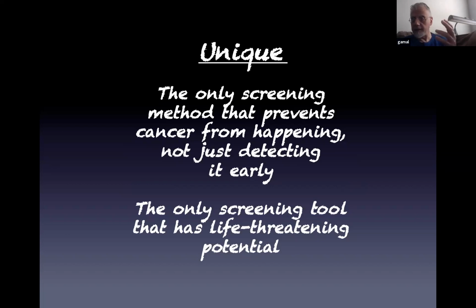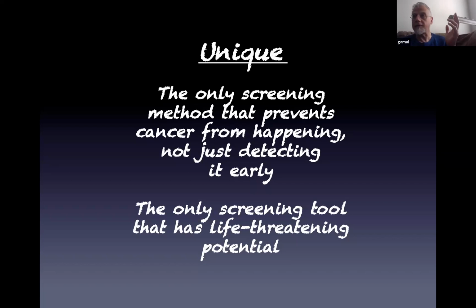It'll detect them early, but it's not a tool that you can use to prevent cancer from happening. The same with PSA, prostate specific antigen, as a screening method. It tells you that there is cancer prostate, right? But it doesn't give you any tool to prevent it.